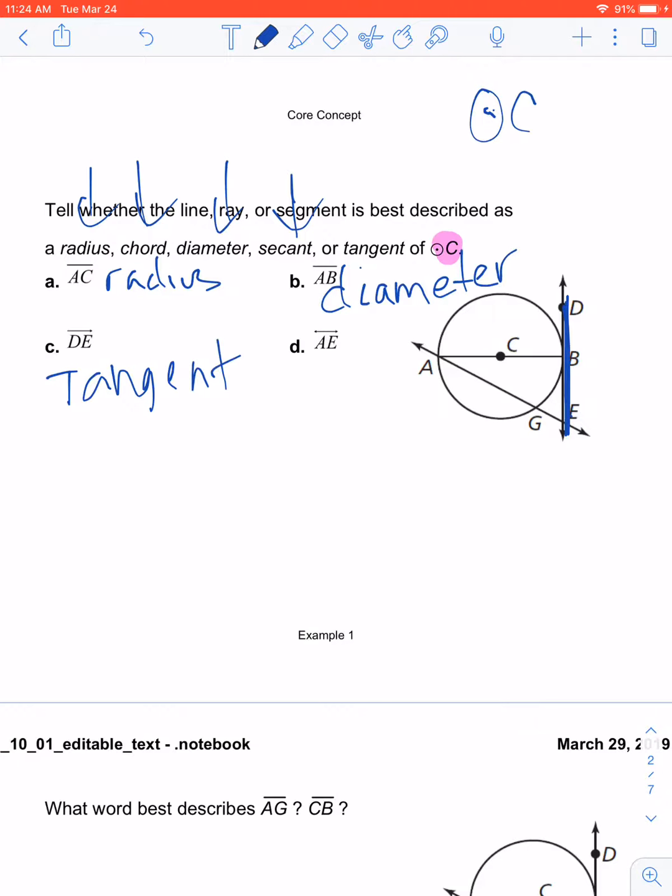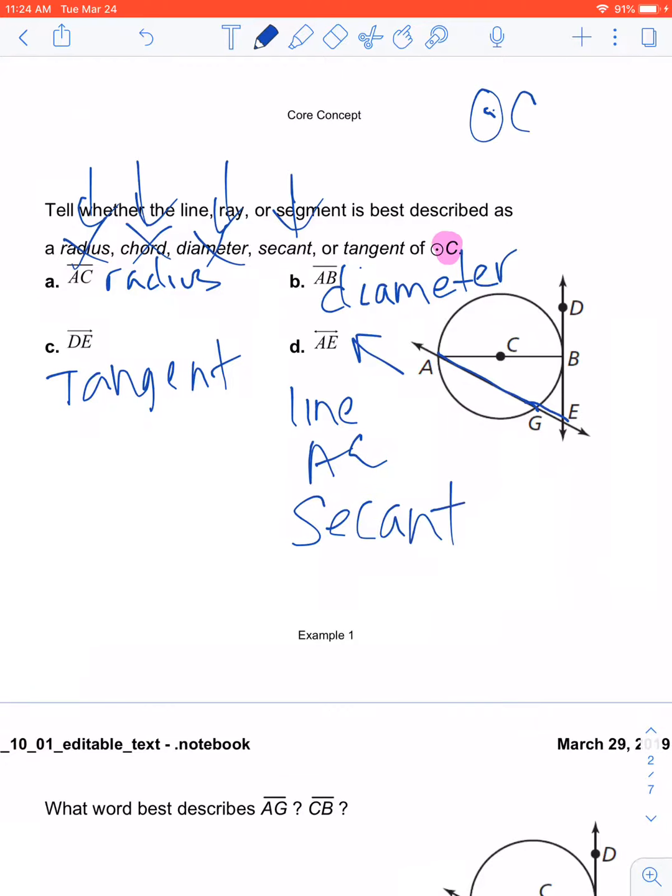It's hitting the circle once. And last but not least, they want us to look at AE. The first thing I notice is that's a line. This is line AE. Well, a radius is not a line. A chord is not a line. A diameter is not a line. The only thing that can be a line is a secant or tangent. And because it's hitting the circle twice, I would call that a secant.